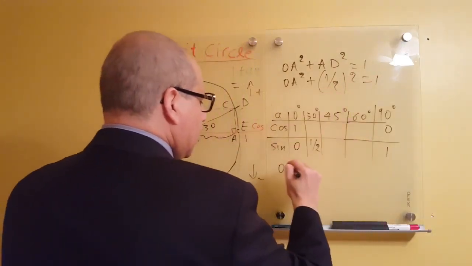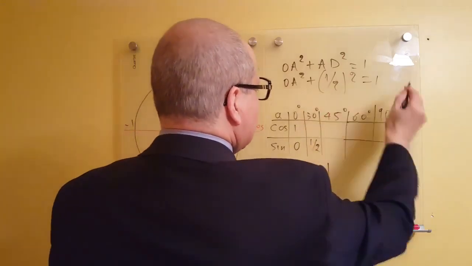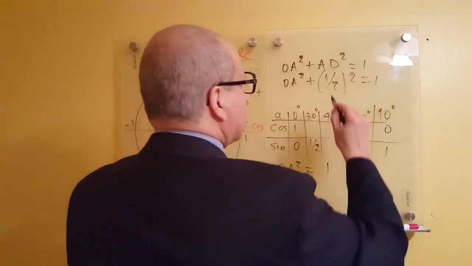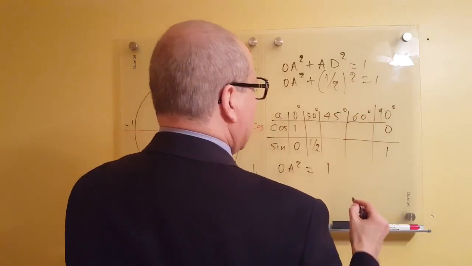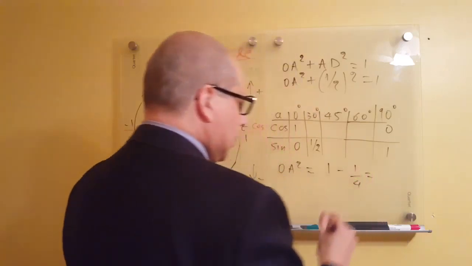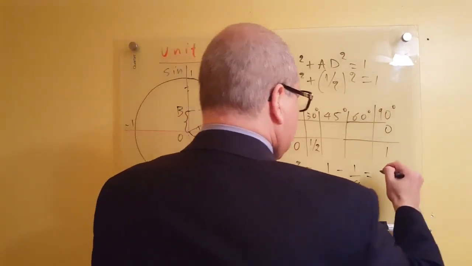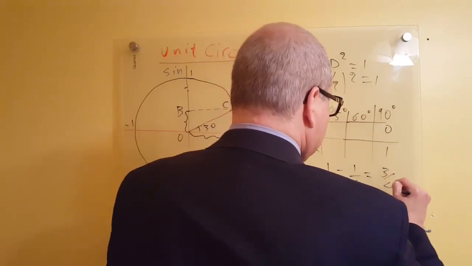If you continue here, OA square is equal with 1, and you bring this to the right hand side of the equation, so that should be 1/4, of course with minus. If you put everything under the same denominator, that should be 4/4 minus 1/4, so that should be 3/4.